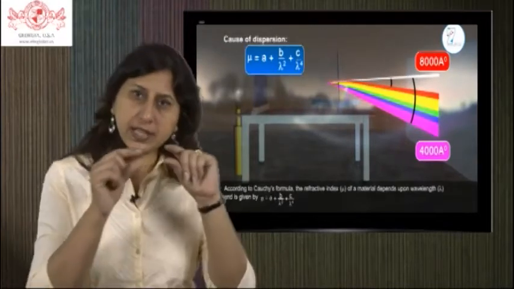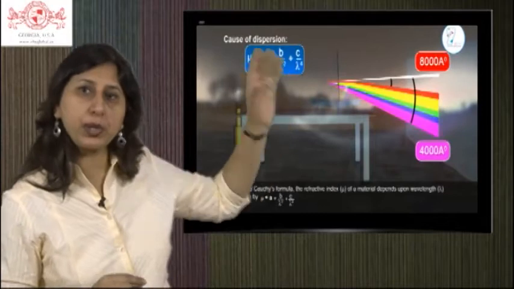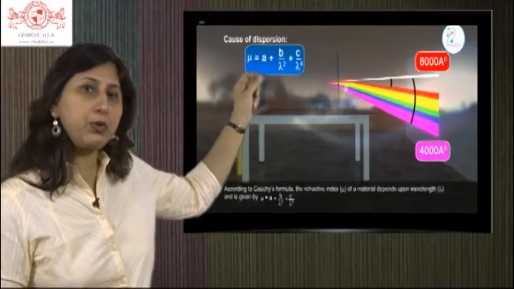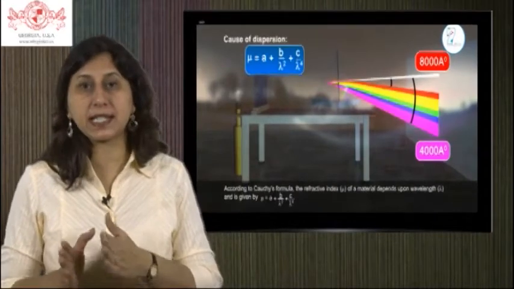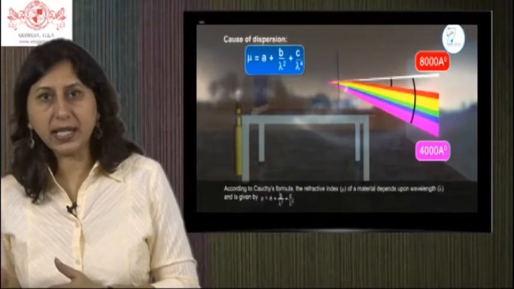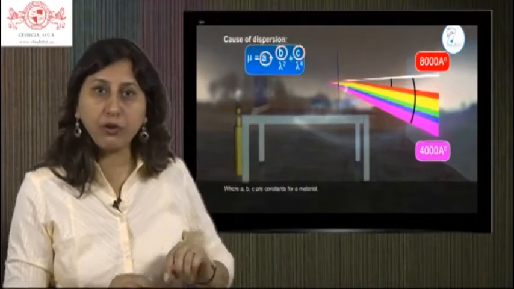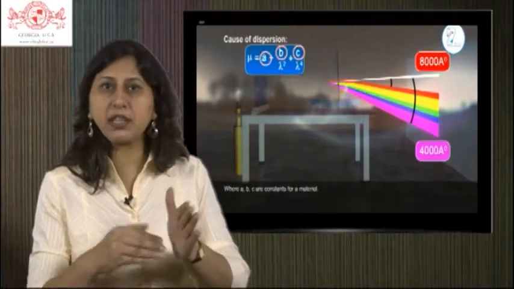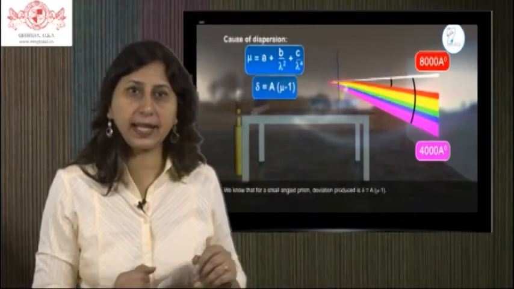We know that for a small angled prism, deviation produced is delta equal to A into (mu minus 1). Since wavelength of violet light is smaller than that of red light, mu v is greater than mu r. Therefore, on entering the prism, the violet light is refracted through a larger angle than the red light.